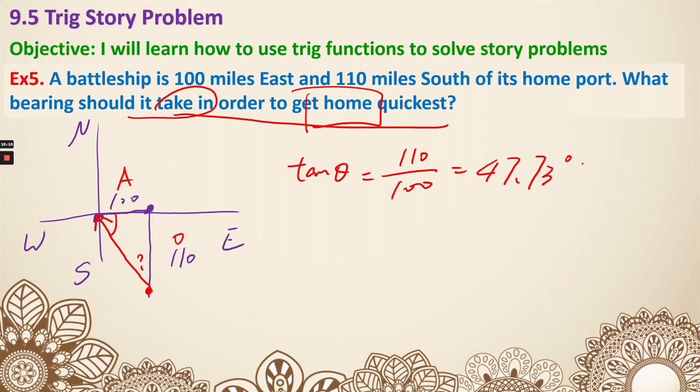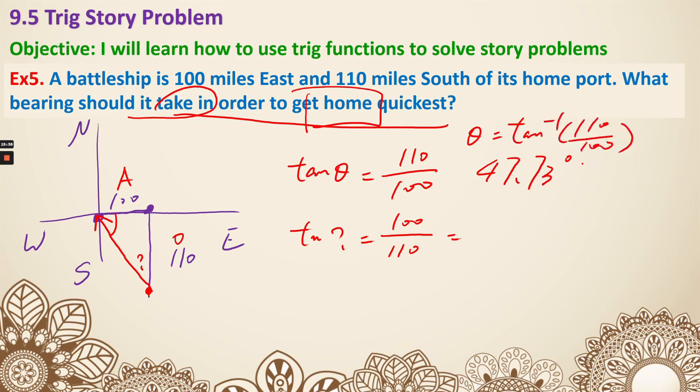That's one way to do it, or I can change my theta to be that question mark. So tangent question mark is actually going to be 100 over 110. And in this case, I can actually use my inverse function. I actually forgot to write that. The inverse function for this theta is inverse tangent of 110 over 100.